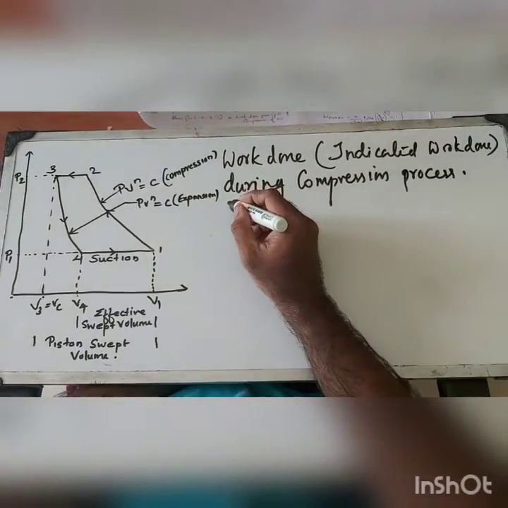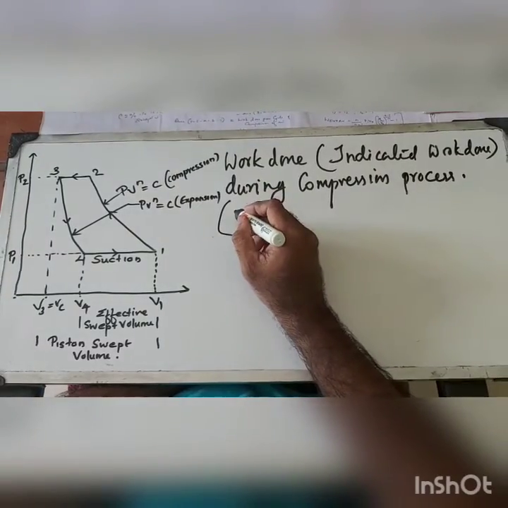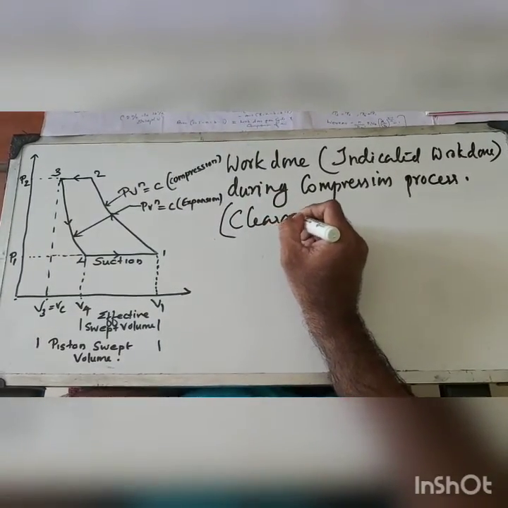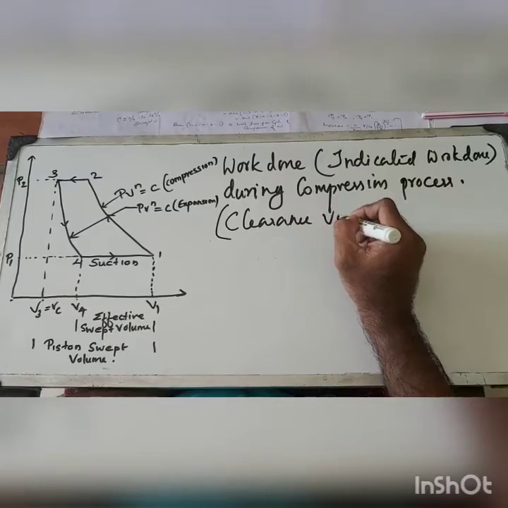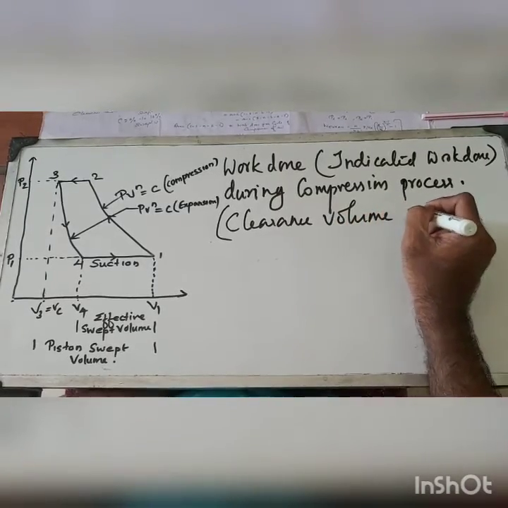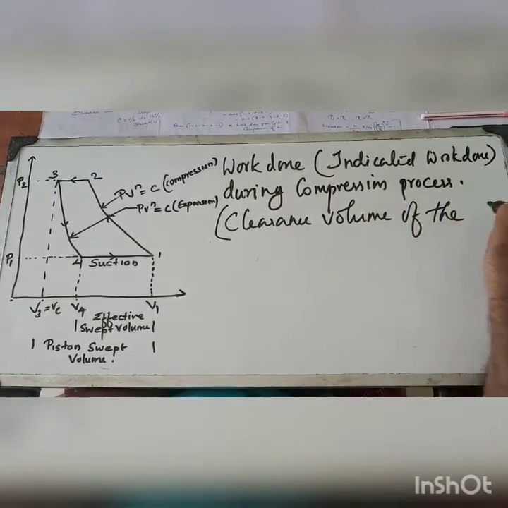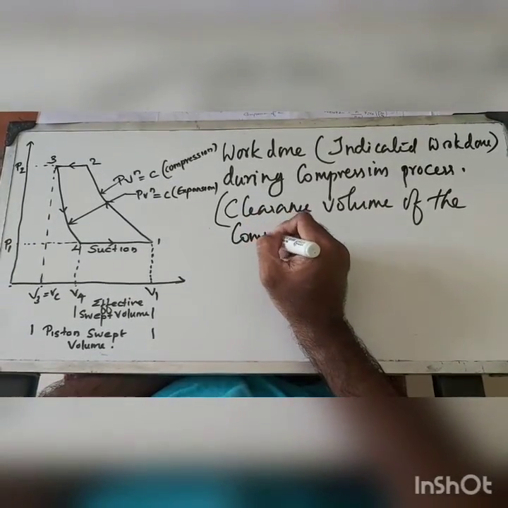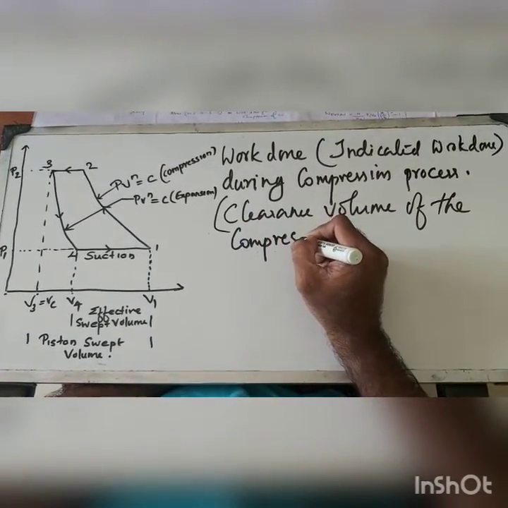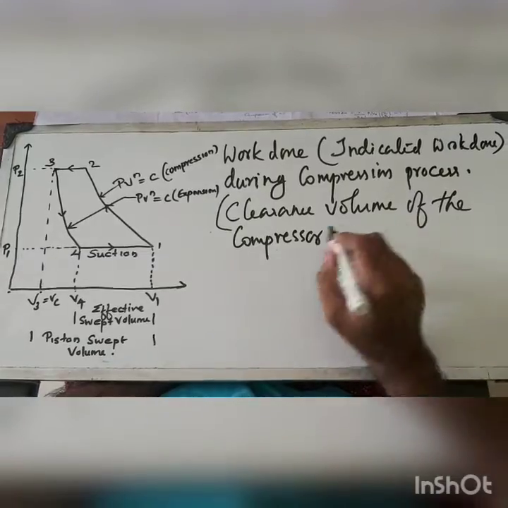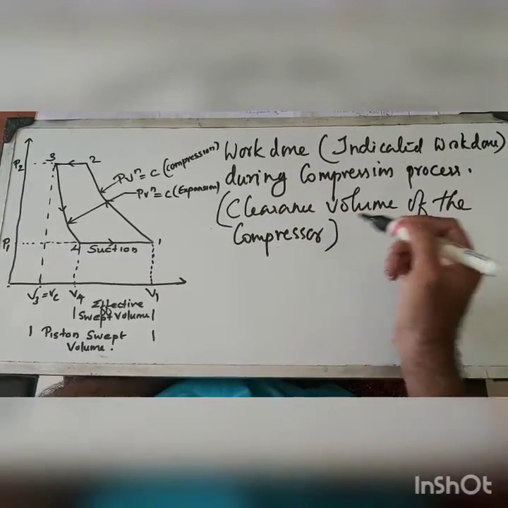Here the difference is that we are considering the clearance volume of the compressor. So we are deriving the work done considering the clearance volume of the compressor.